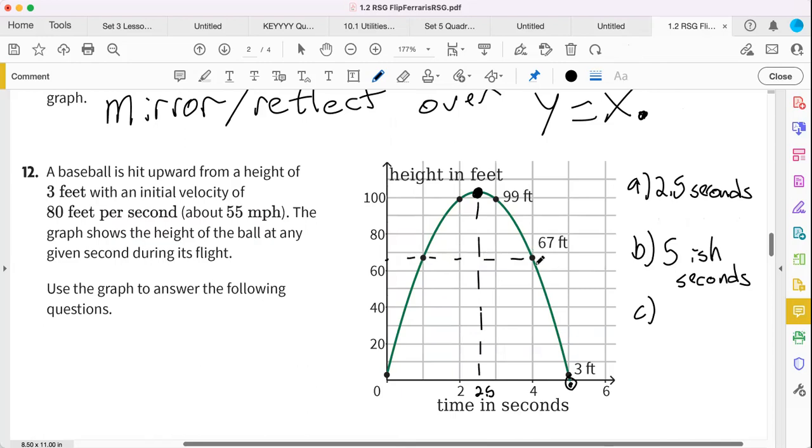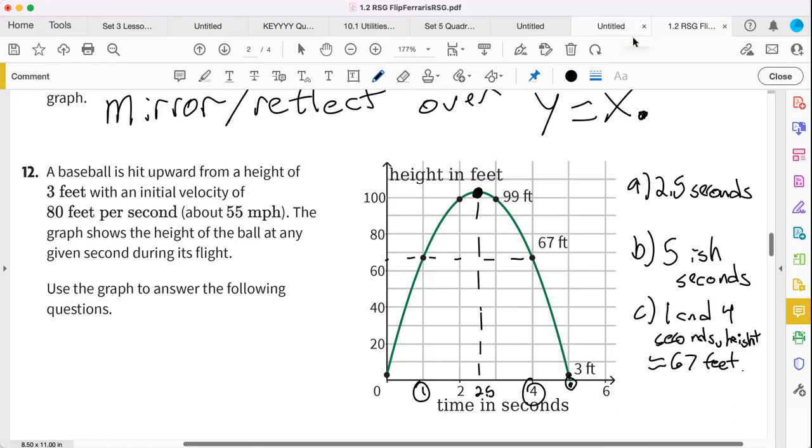So notice these points are on the same level. This occurs at 1 second and also at 4 seconds. So at 1 and 4 seconds, the height is approximately 67 feet. So we have two answers here, at 1 and also 4 seconds.